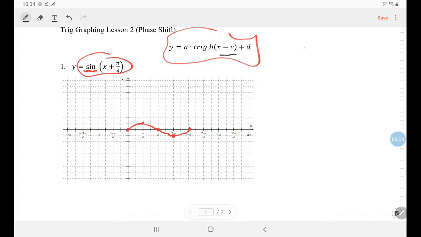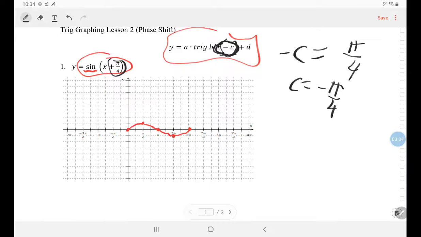A lot of people say, well, look, C is pi over 4, and that's positive, so I go to the right. That's not correct. Notice this says x minus C. So it's negative C that matches up with pi over 4. So C is negative pi over 4, which means it's going to move to the left, pi over 4 units.